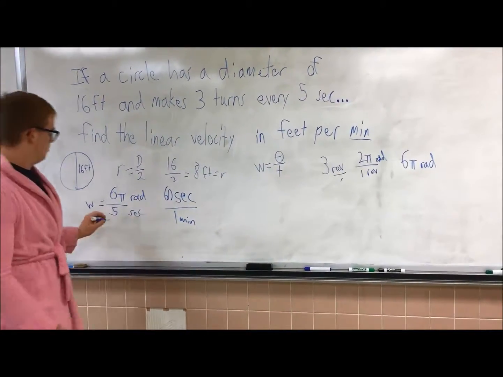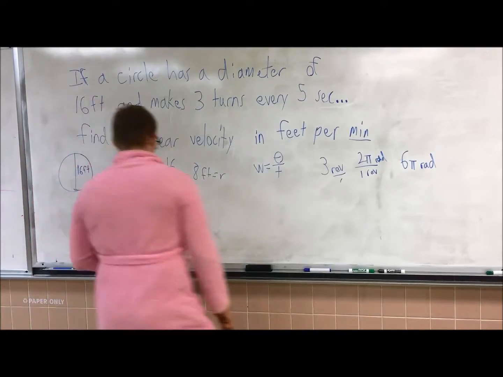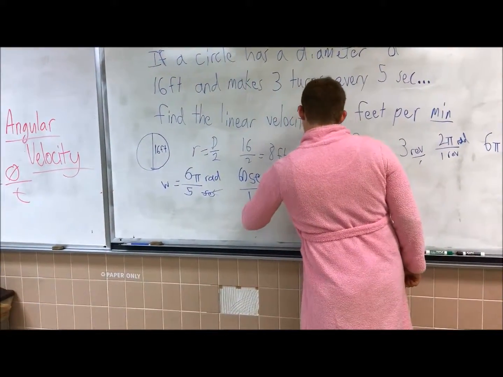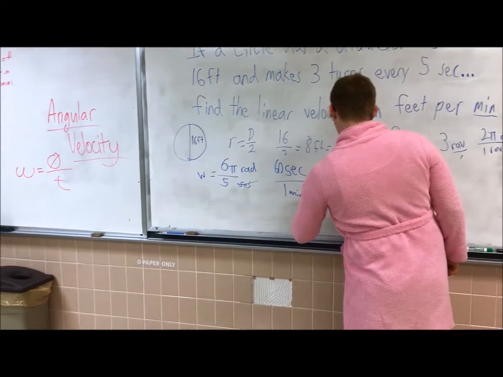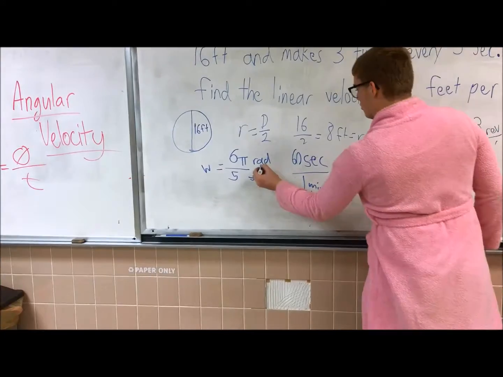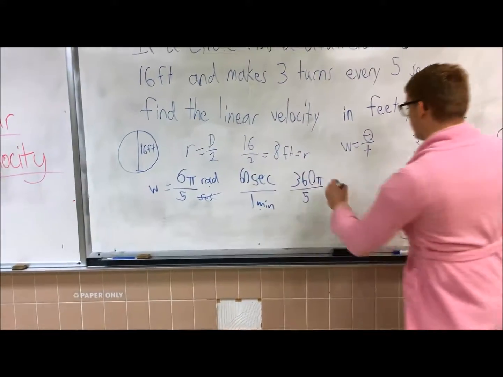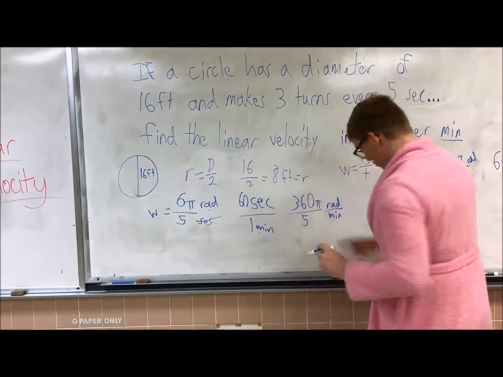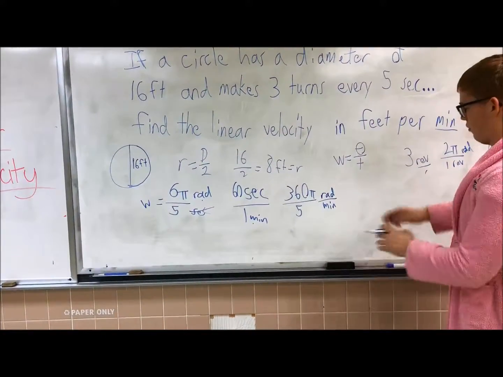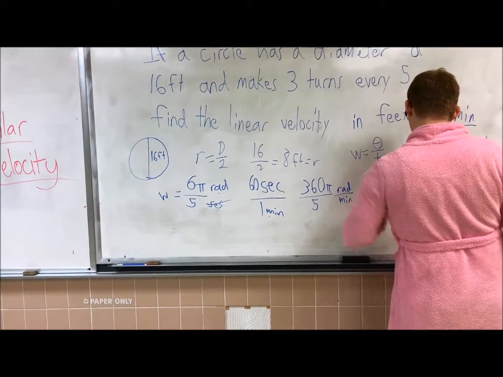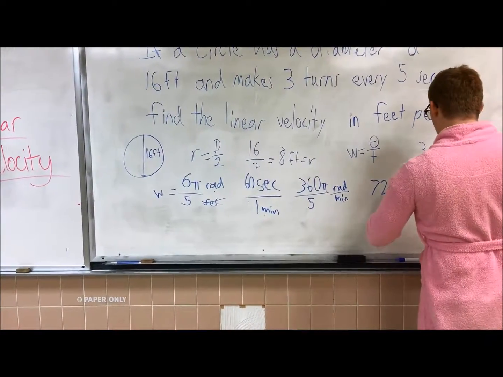So these cancel out. 6 times 60 is 360 pi over 5. This is in radians per minute now, because these are the only two left. 360 divided by 5 simplifies down to 72 pi. And that is our W.